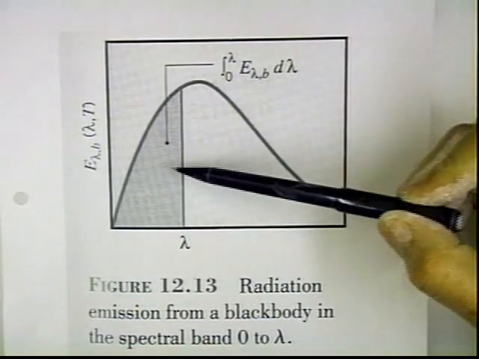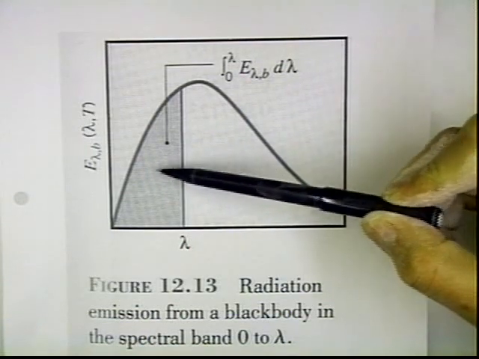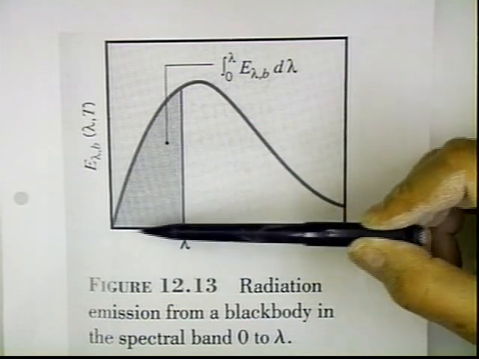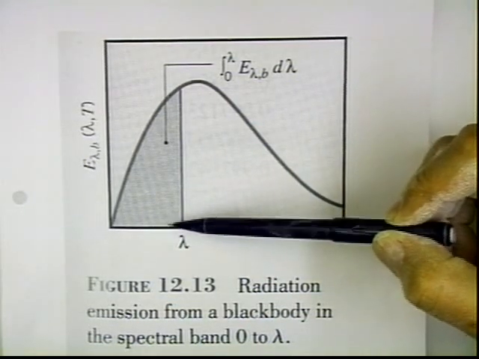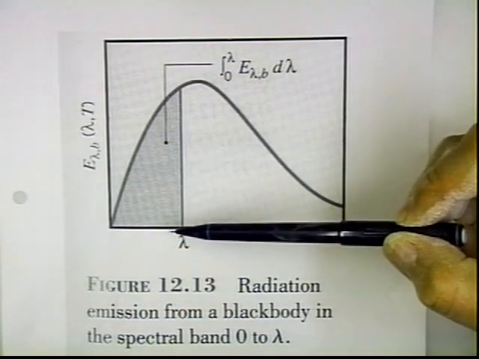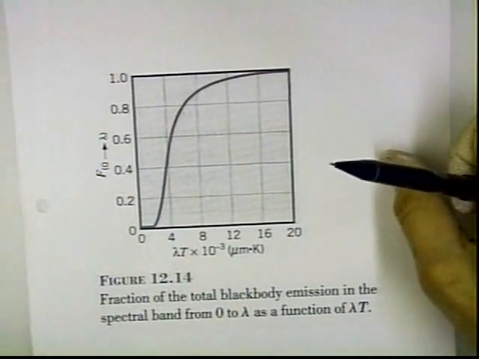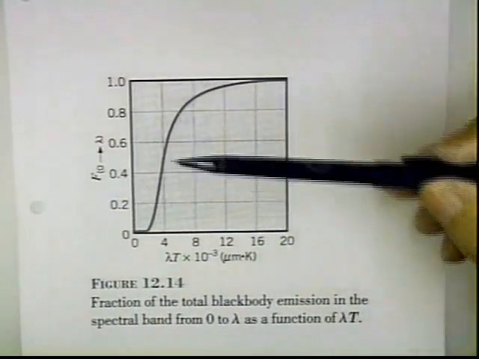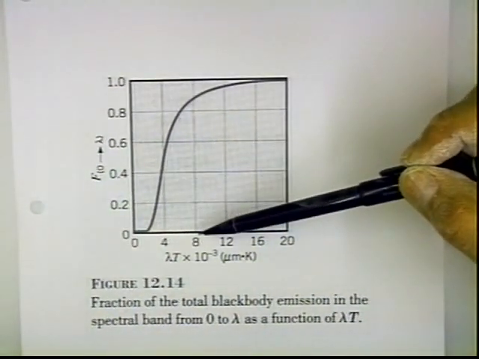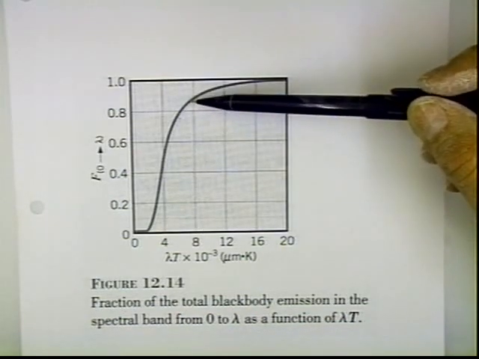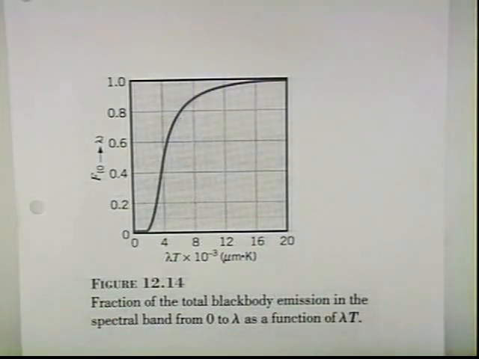We have lambda. This would be the emission going from 0 to this particular wavelength. Then we could take that temperature, multiply it by this wavelength, and put it in this graph here. Let's say it came out to 8. We plug that in here, and that would give us a fraction of about 0.8.